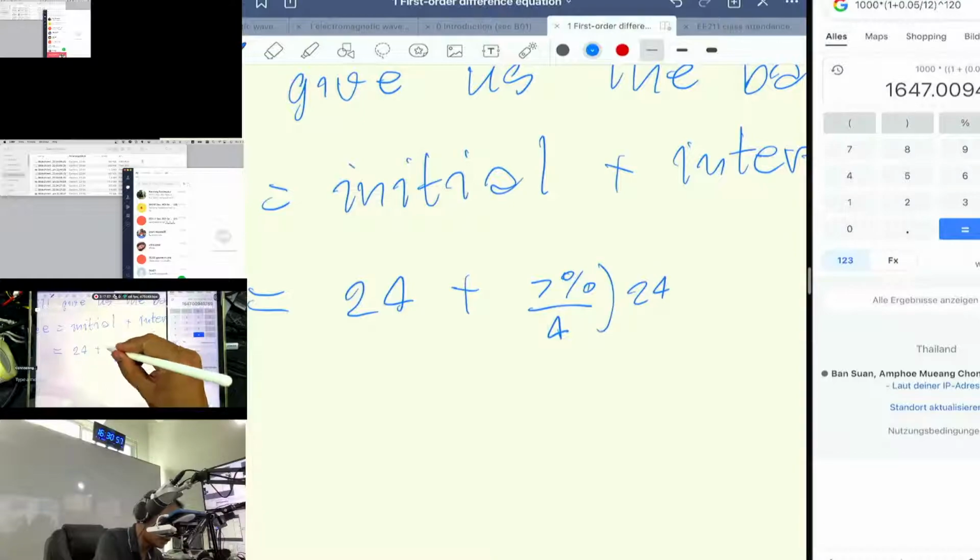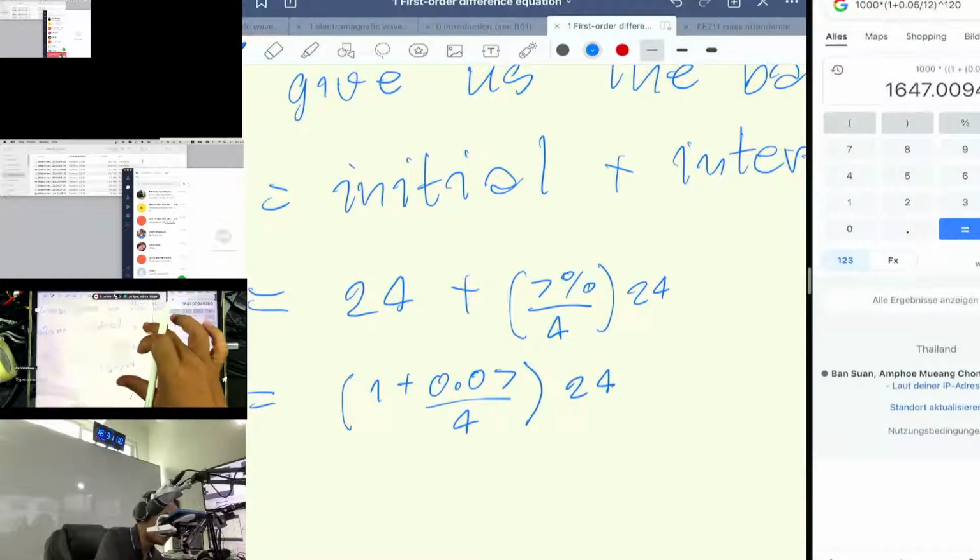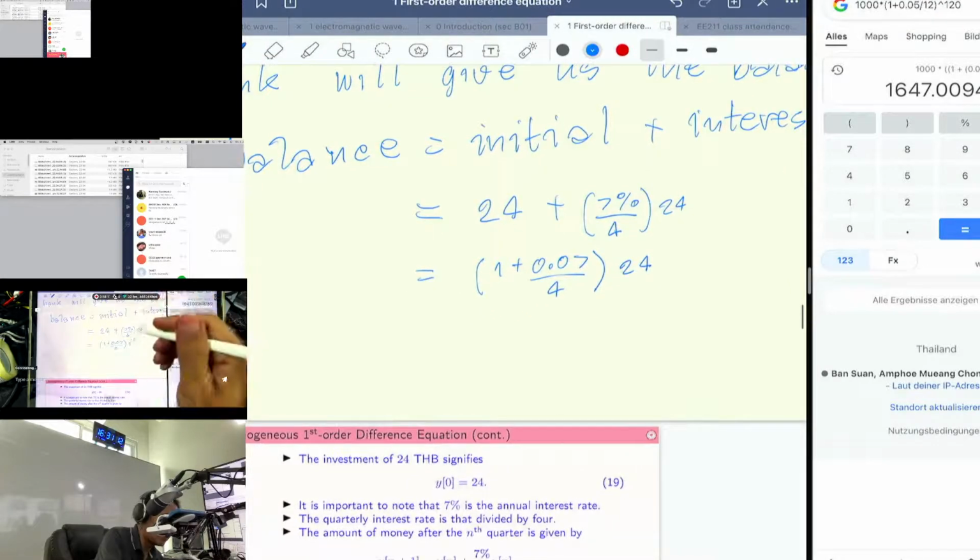We would say it's 1 plus 0.07 divided by 4, times 24.